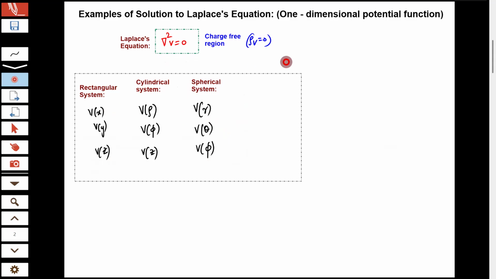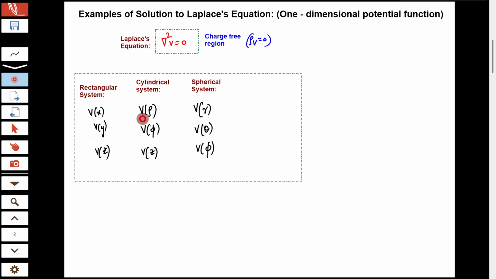So we can have a one-dimensional potential function in all three coordinate systems. We know the rectangular system has three variables x, y, z, the cylindrical system has three variables rho, phi, z, and the spherical system has three variables r, theta, and phi. Suppose we consider a one-dimensional potential function in the rectangular system, V can be taken as a function of x or a function of y or a function of z.